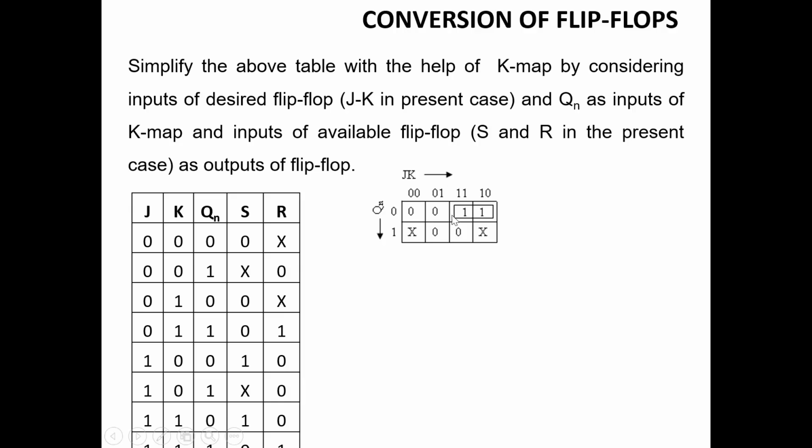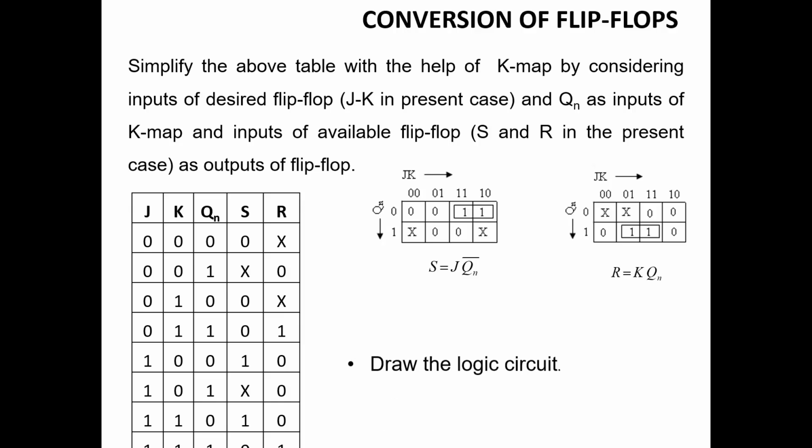We have a group of two ones, and while solving this K-map, we have obtained the expression J Qn bar. Similarly, the K-map is drawn for the output R and the output comes out to be K Qn. The next step is to draw the logic circuit for this.